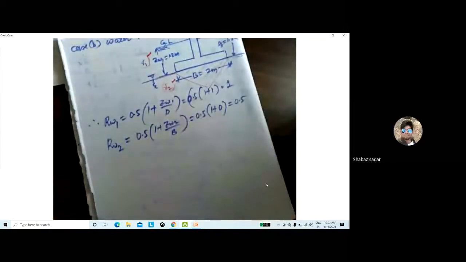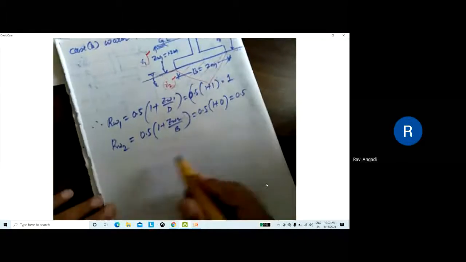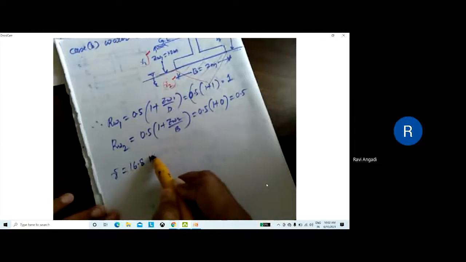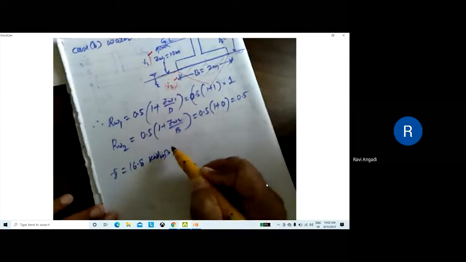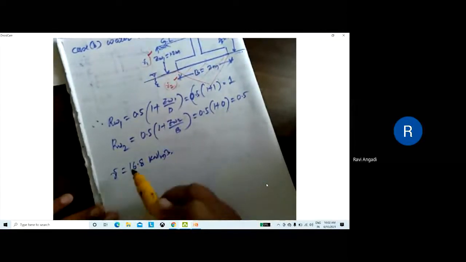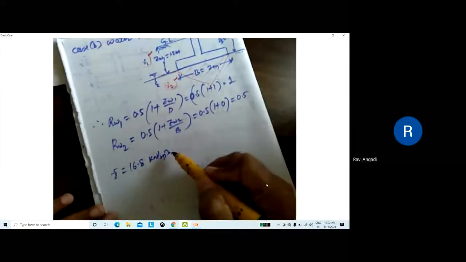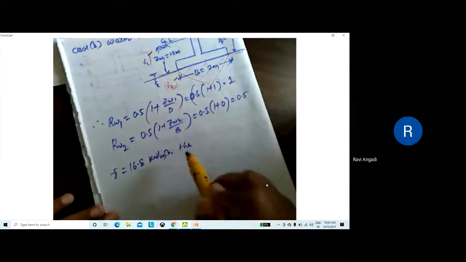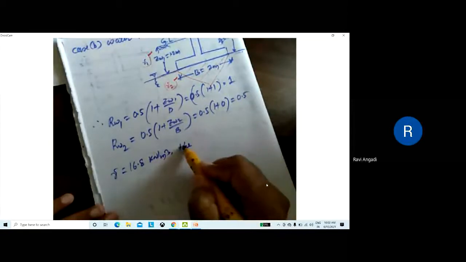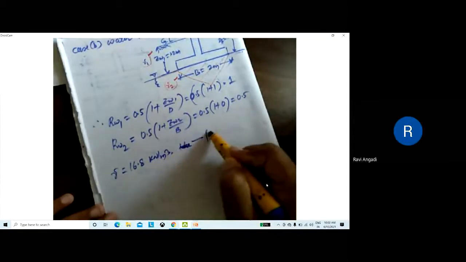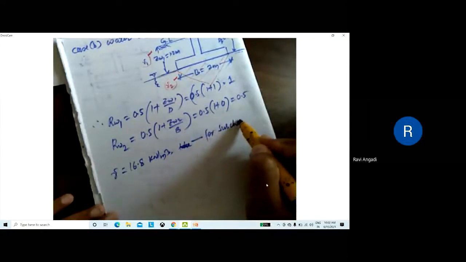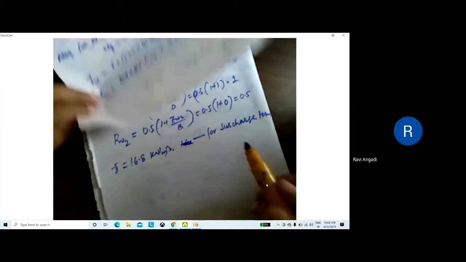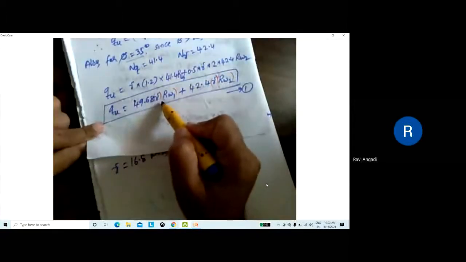Yes, sir. Now I'll write gamma equal to 16.8, already given, kN per meter cube. This is the first term, the surcharge term. In this case, this itself is a surcharge term.